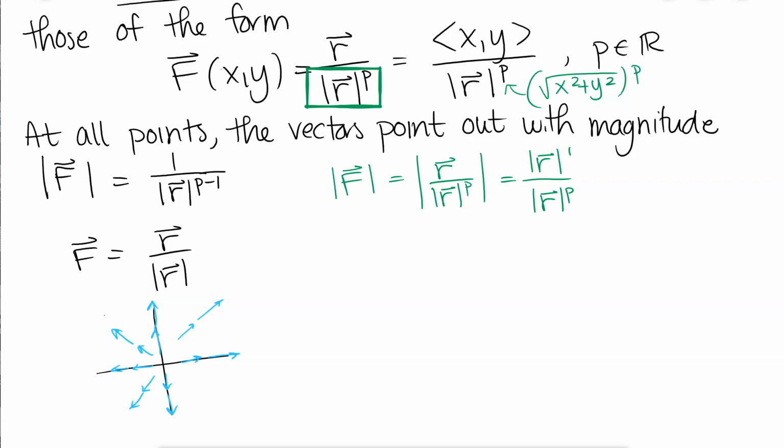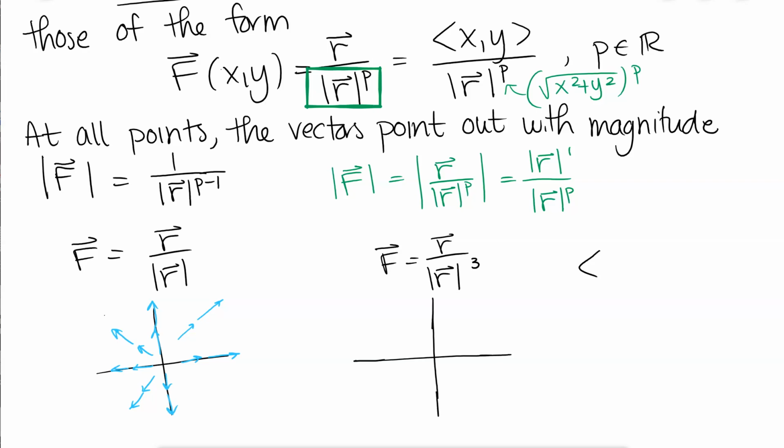And then if we had something like f equals r all over r cubed, what's going to happen as we get out there? Well, as we pick points further away from the origin, their magnitudes are going to be greater.